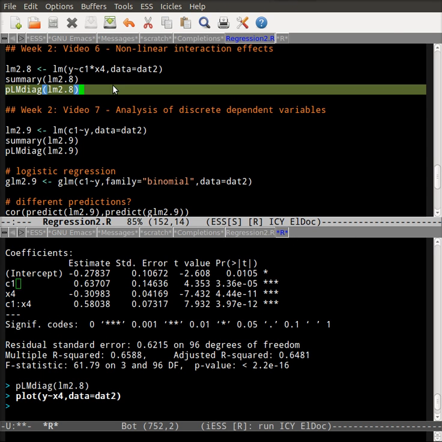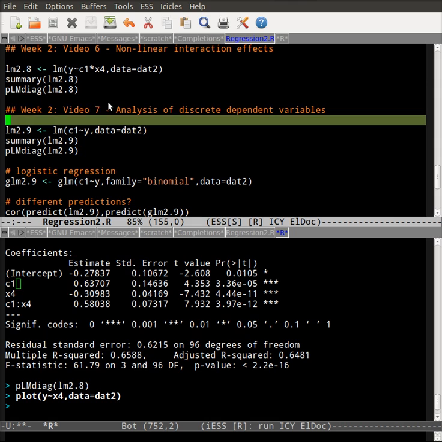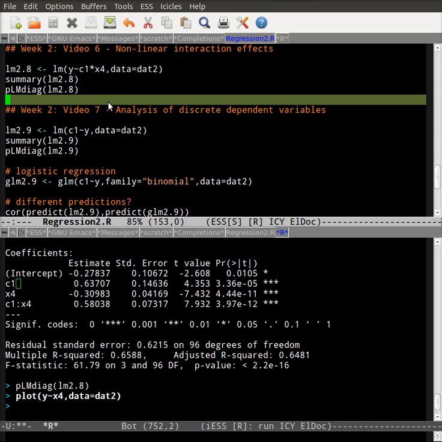And that when I start looking at these nonlinear interaction effects, if I haven't corrected for y in some way, then what will happen is I won't have the appropriate effect.